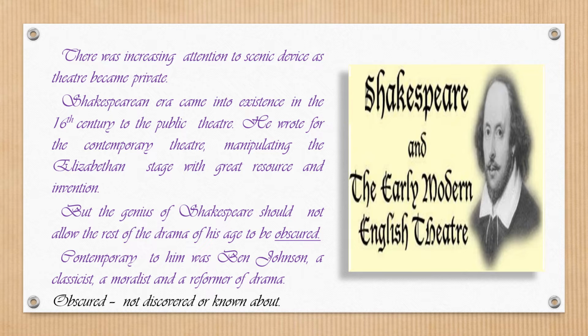So he made a lot of changes, and he wrote in a contemporary style of writing in the 16th century, and that is what the genius of Shakespeare is called, where he discovered this style of writing. Also, contemporary to him, along with him, Ben Jonson was a classicist, a moralist and a reformer of drama, who belonged to the Shakespearean era.